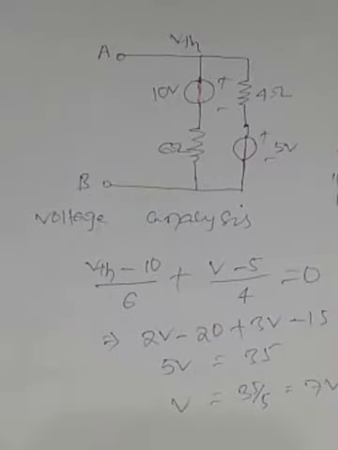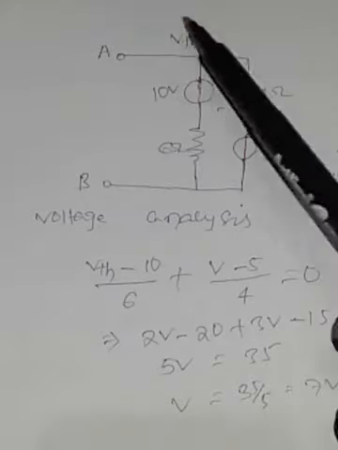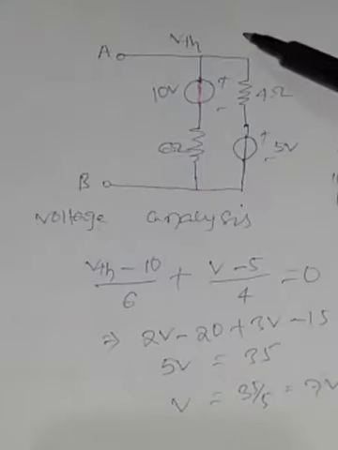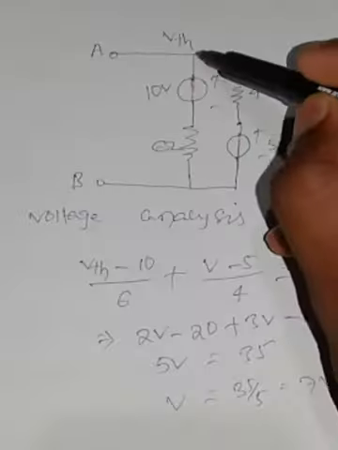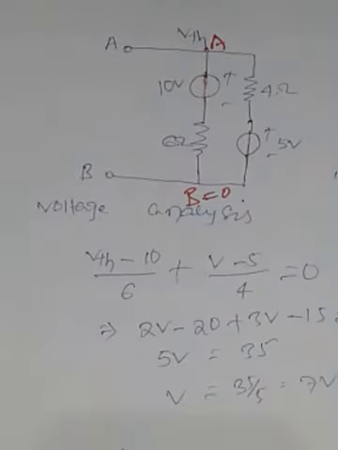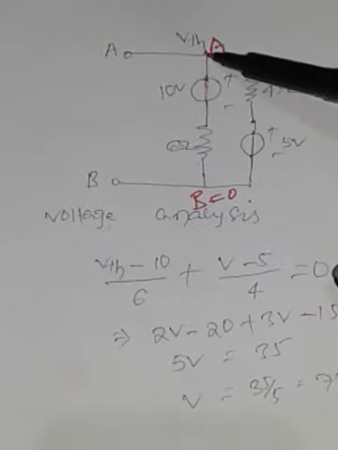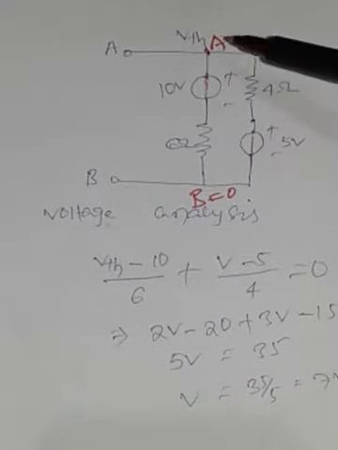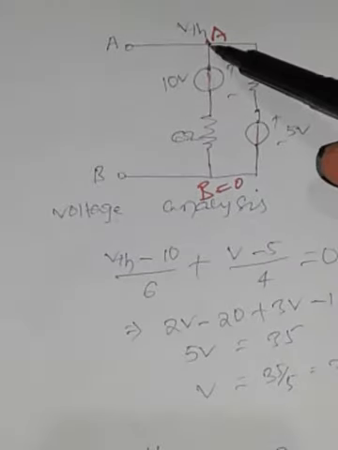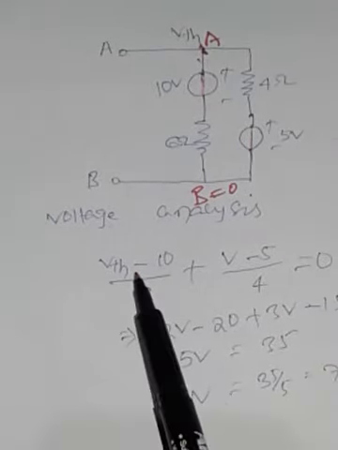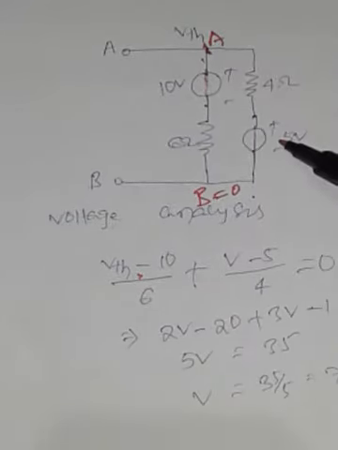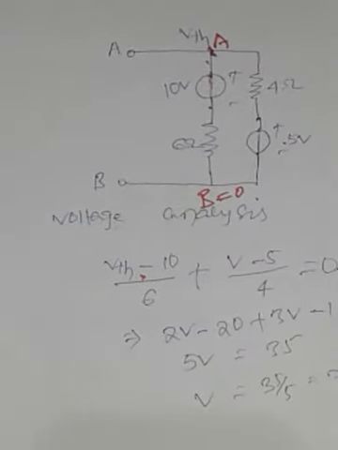They are telling us to find the Thevenin's voltage across A and B. So I am using nodal analysis here. Suppose this is A, and this is B, which is grounded. Applying nodal analysis at node A: (VTH minus 10 volt) by 6 plus (VTH minus 5 volt) by 4 is equal to 0.